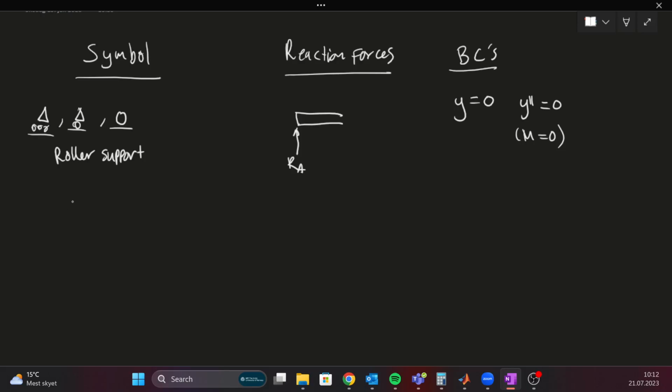If we have a pin support like this, it's called a pin. This one has the reaction forces like this, RA and RB.